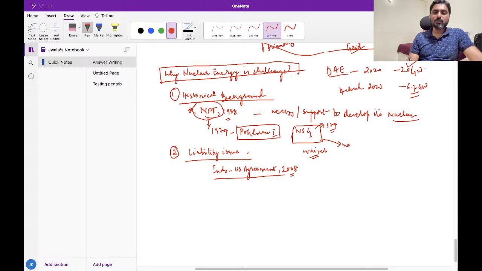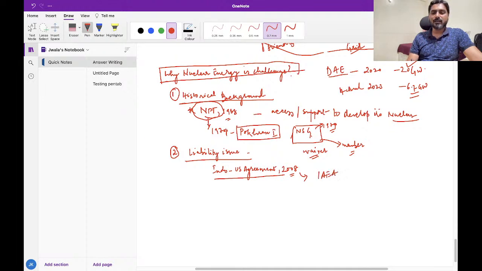NSG is a group of many countries. In return, it said you will have to open up your nuclear power plants for IAEA inspection.